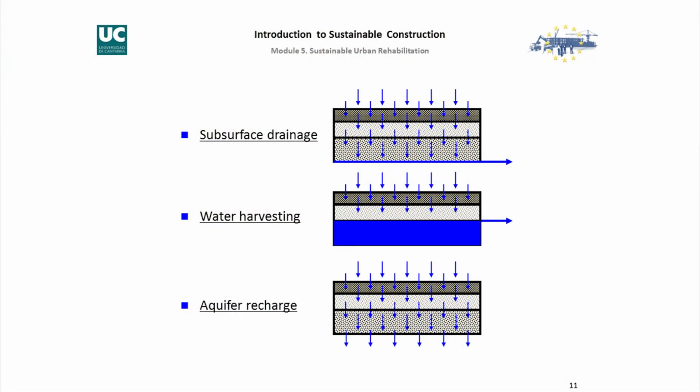We can do this in two ways. We can create artificial deposits in the sub-base of the pavement, or we can recharge the natural aquifers with this water. This is very important.